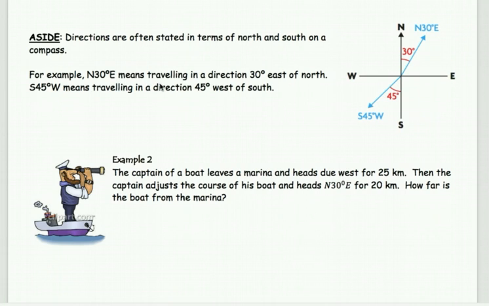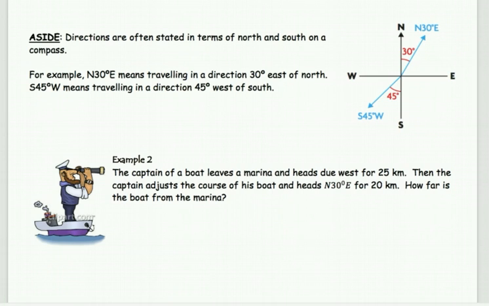So you are traveling 30 degrees east of north. So basically, where north, east, west, and south are. So compared to where the north is, if it says 30 degrees and then east, that means you are going in the east direction, but you're going to make a 30-degree angle. Okay, so that's where north 30-degree east is.